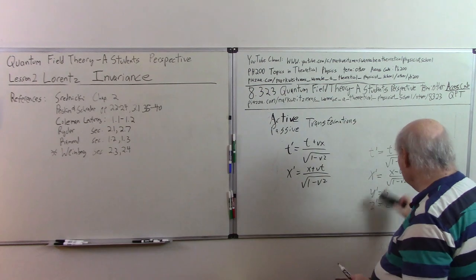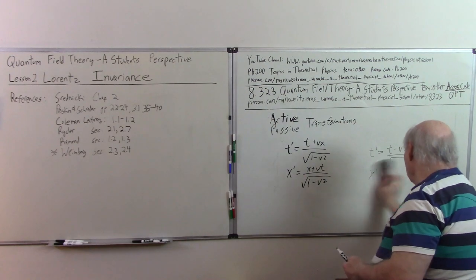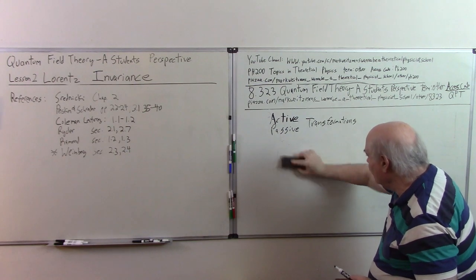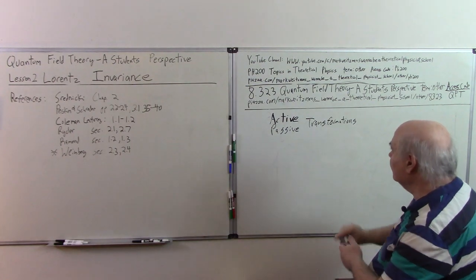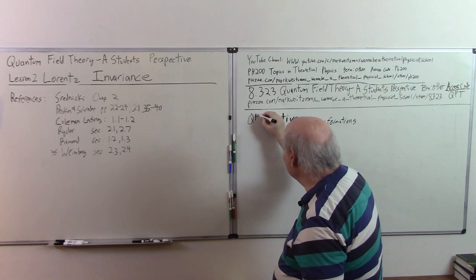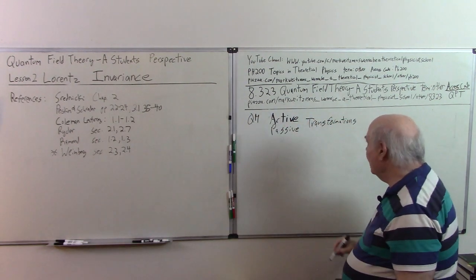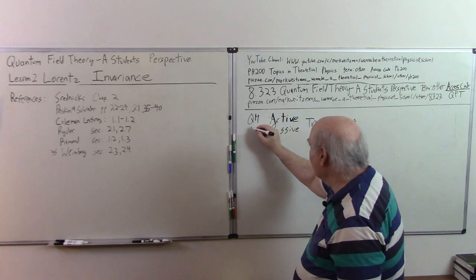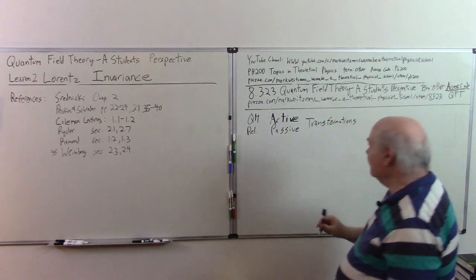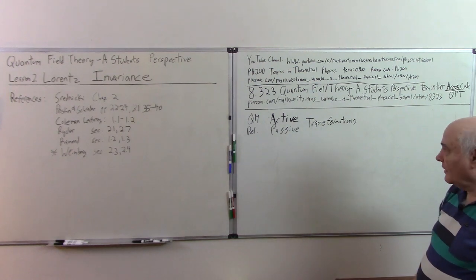Now, in quantum mechanics, usually we do active. I'm not saying all the time, but most of the time. And in special relativity, I'll just say relativity, we do passive most of the time, not all the time.